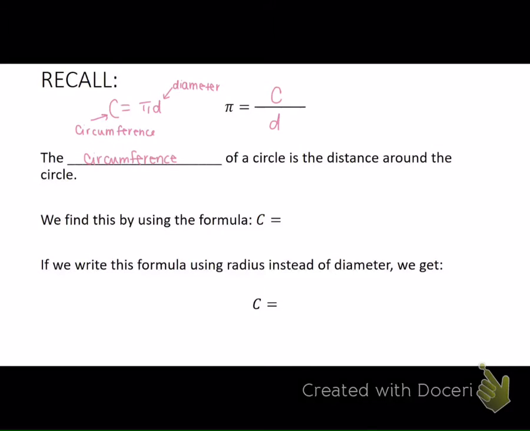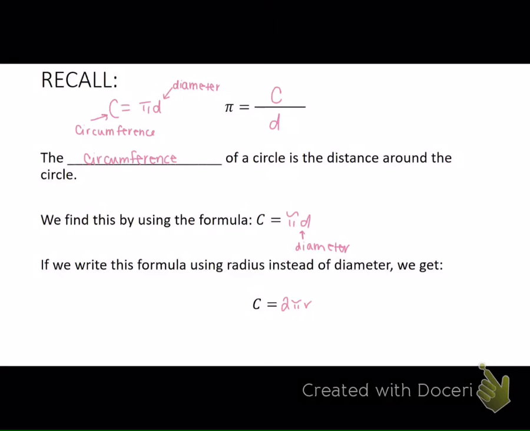So the circumference of a circle is the distance around the circle. We find this by using the formula pi times diameter. If we write the formula using the radius instead of the diameter, we do 2 pi r.